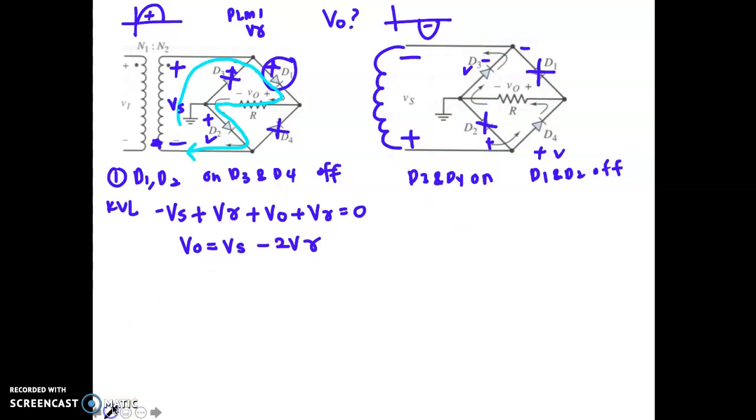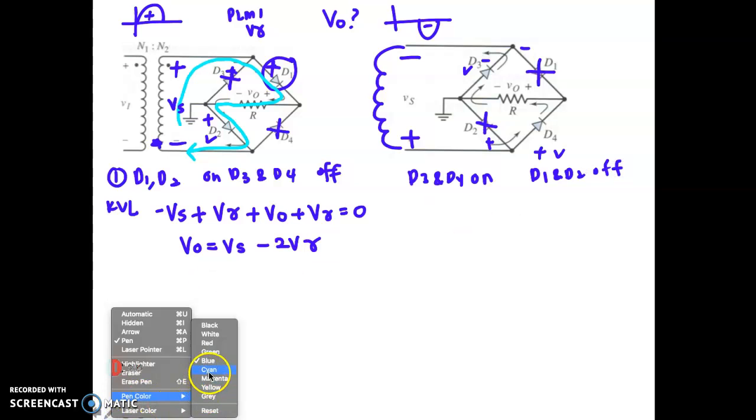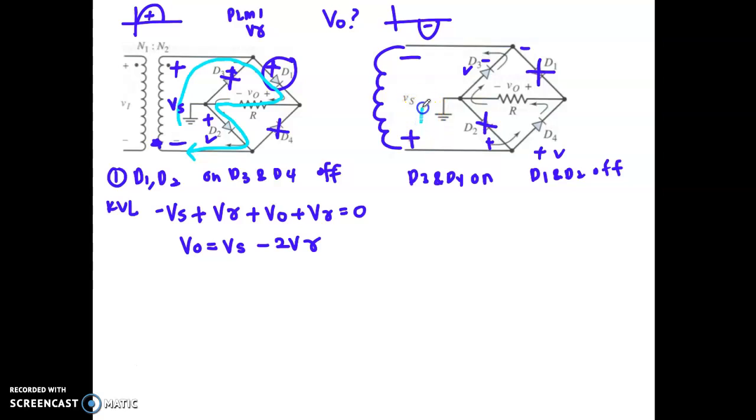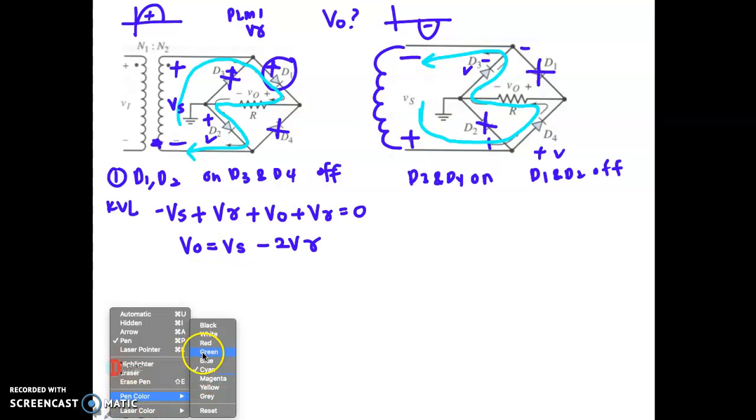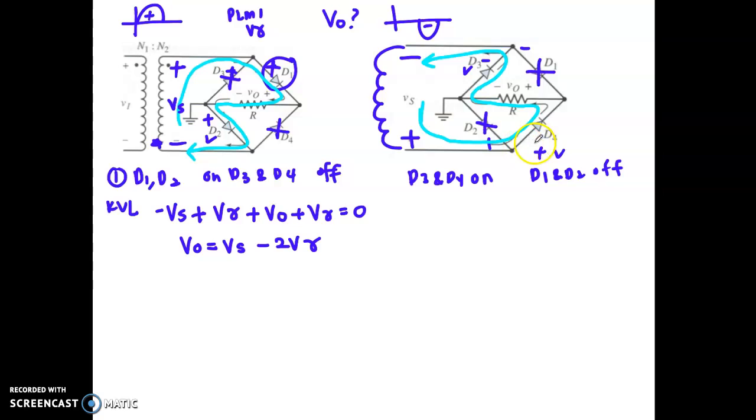So let's have the KVL equation. Which loop will it go through? It will go to here, plus, go to D4, towards your resistor R, D3 and then to the end. So what will be the KVL equation? Let's start with D4.